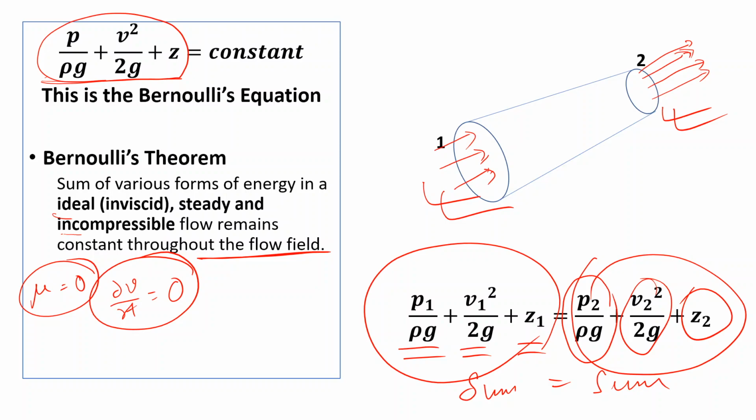That is, the sum of pressure head plus velocity head plus datum head remains constant throughout the flow field. Now we'll discuss what those heads are, maybe just a few slides later.